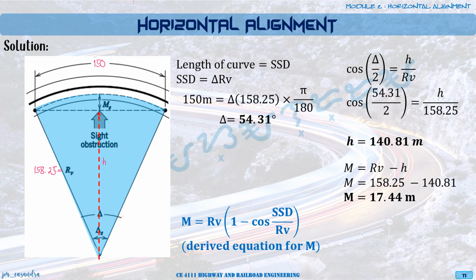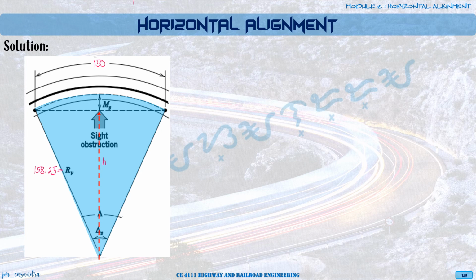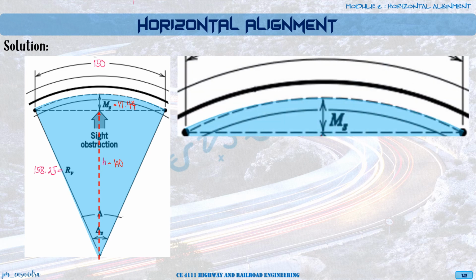So next, after solving now your M, so we were able to solve a while ago, H is equal to 140. M now is equal to 17.44. So we take into consideration this section. So we have 1/2 of the lane width, or one lane is 3.5 meters.